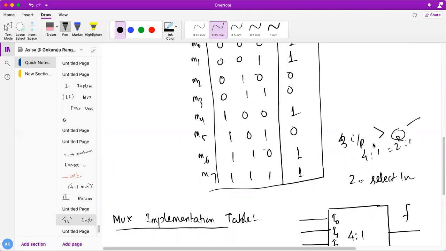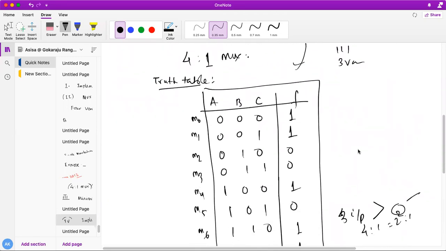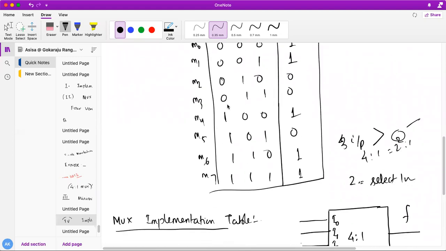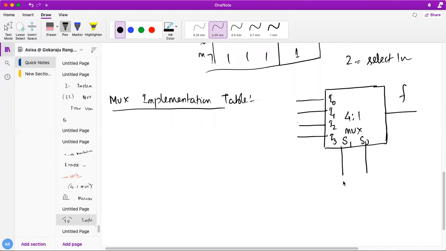So here inputs are greater than select lines. What you have to do is connect the select lines to the 2 inputs from the MSB, A and B. This is the first step. Remaining inputs you have to find out.